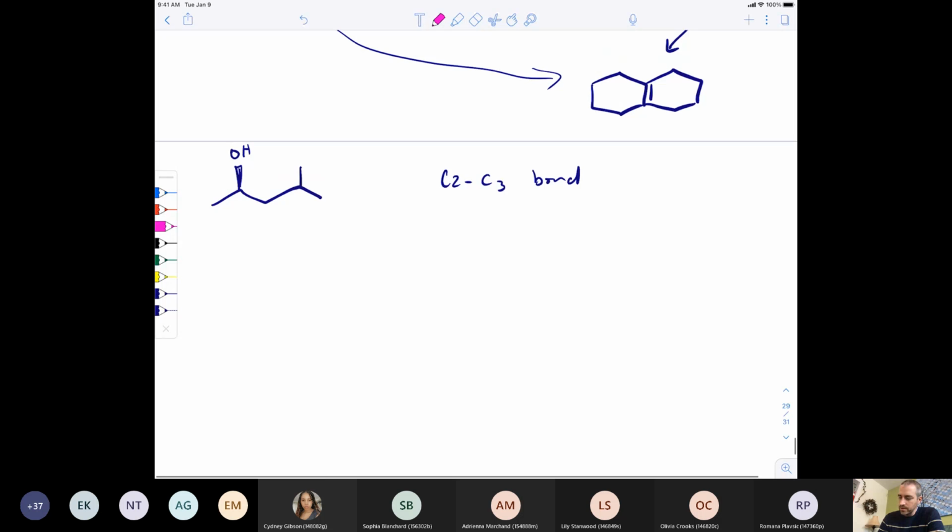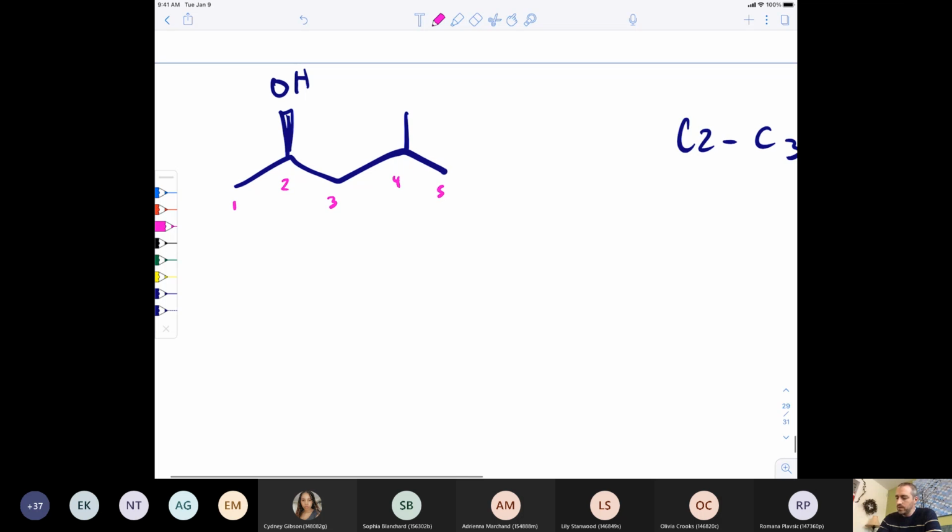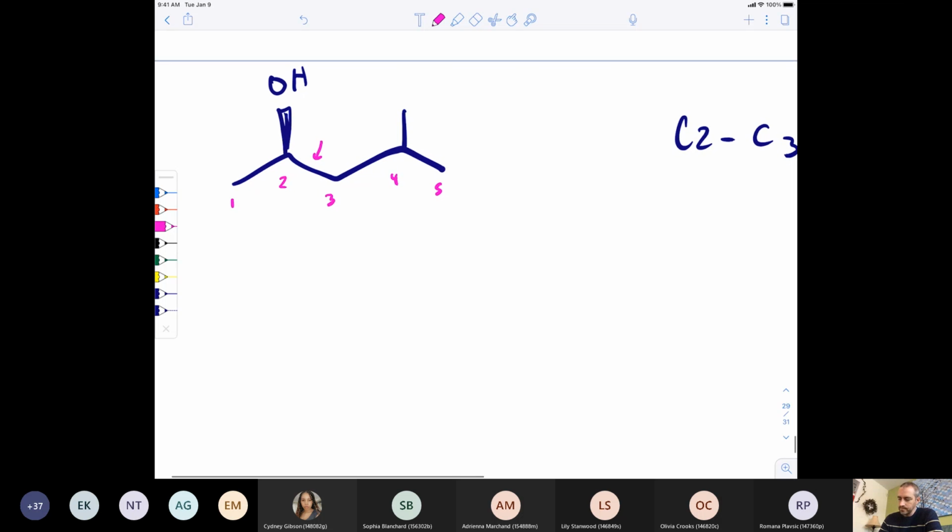Okay, and if you label this molecule, we got 1, 2, 3, 4, 5. So C2-C3 bond is this one. So what that means is we're going to draw our Newman projection, which is a circle, which is the back carbon, which can be carbon 3, and a dot, which is going to be the front carbon, carbon 2.